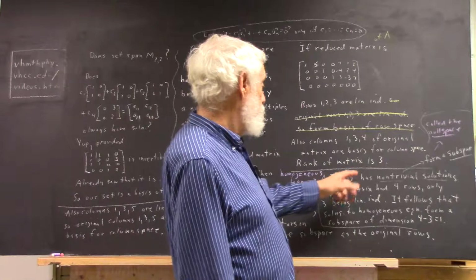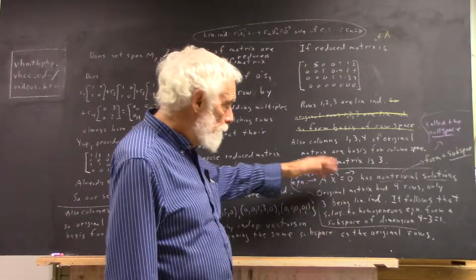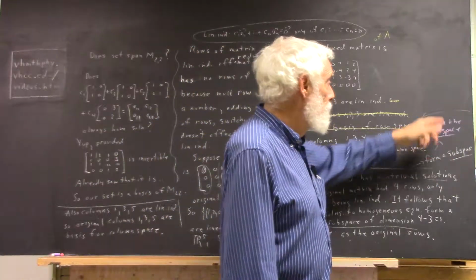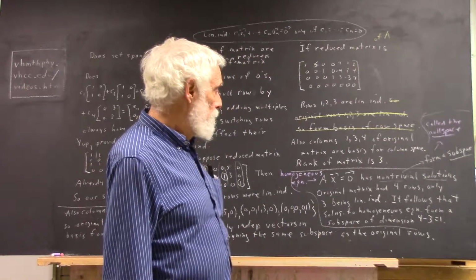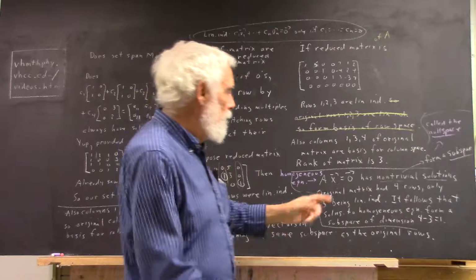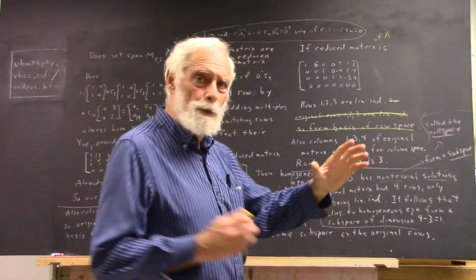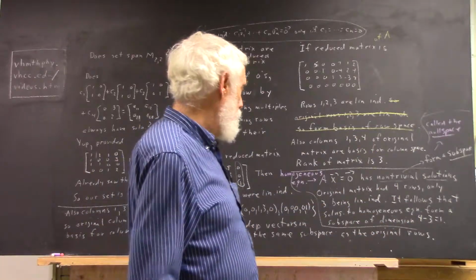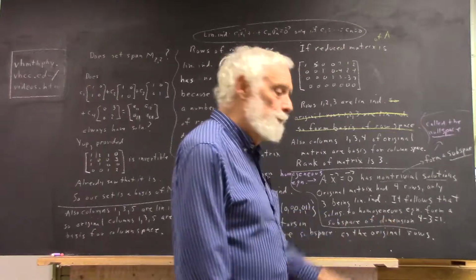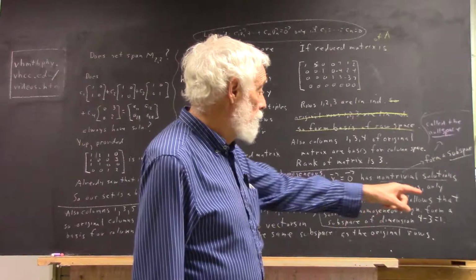And the non-trivial solutions of this homogeneous equation form a subspace that we call the null space. Now, I'll simply say the original matrix had 4 rows, only 3 being linearly independent, and it follows in a way that we'll see a little more clearly that the solutions to the homogeneous equation do form a subspace, and the dimension of that subspace is 4 minus 3 equals 1.